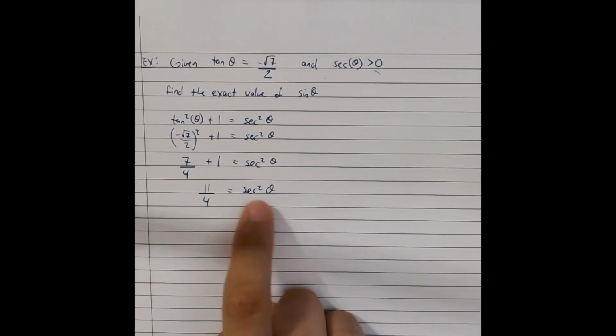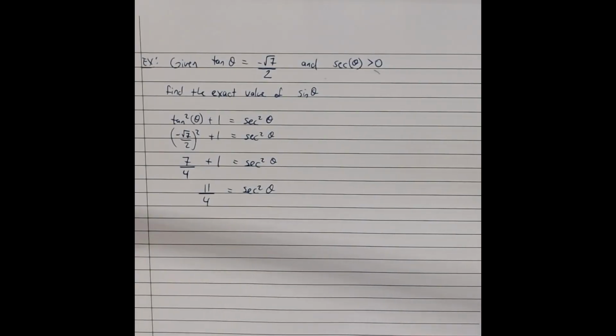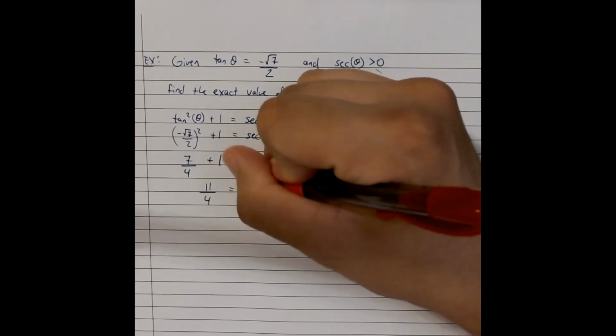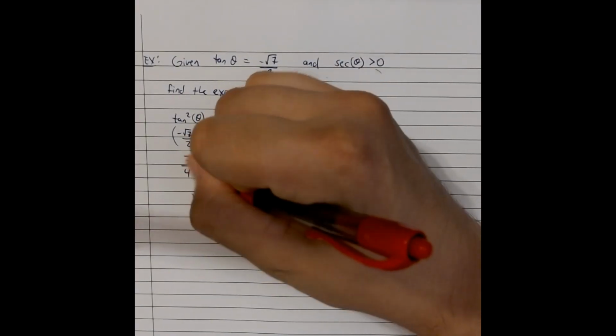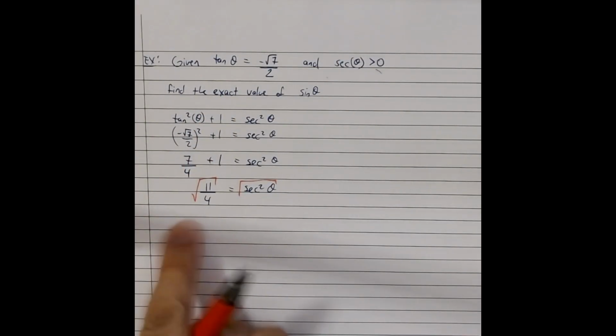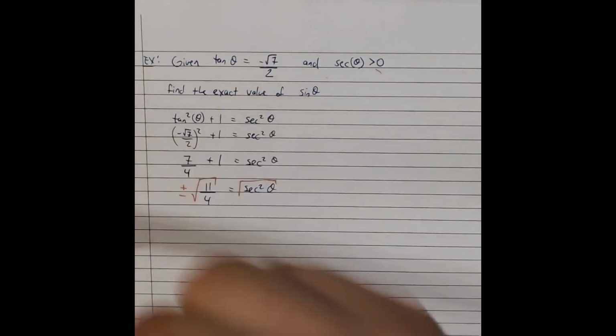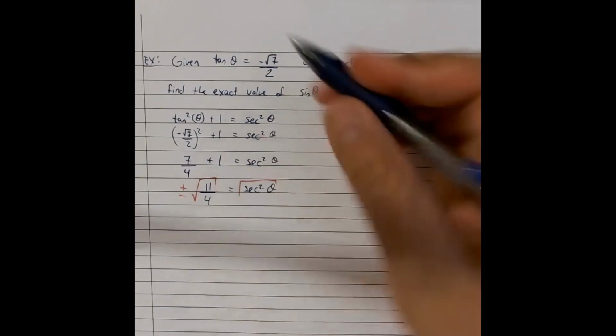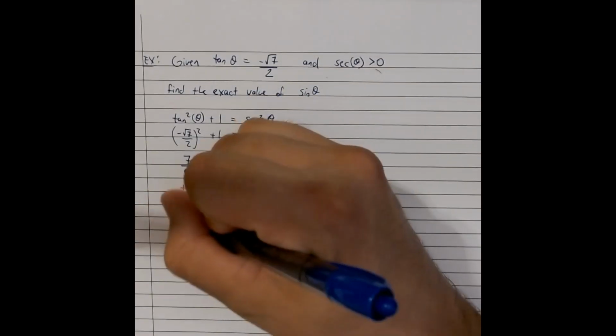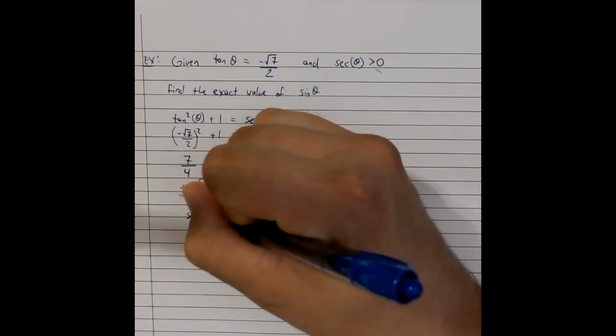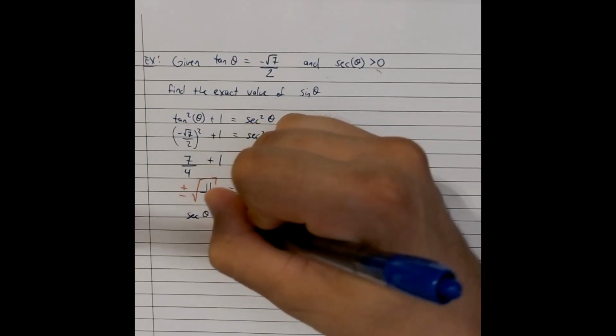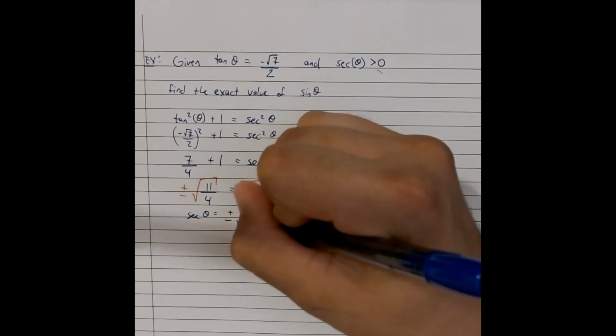And so now I can find secant of theta by taking the square root of both sides. Whenever I take the square root of a number, there's two ways to do that. There's positive and negative. So here I have two possible answers. I get that the secant of the angle theta is either equal to positive or negative square root of 11 over 4.